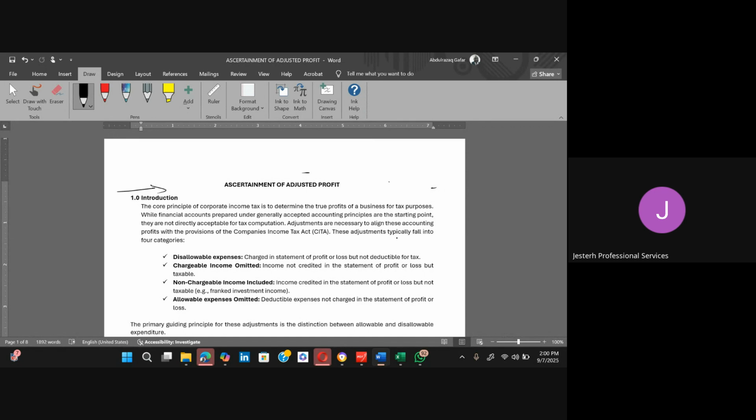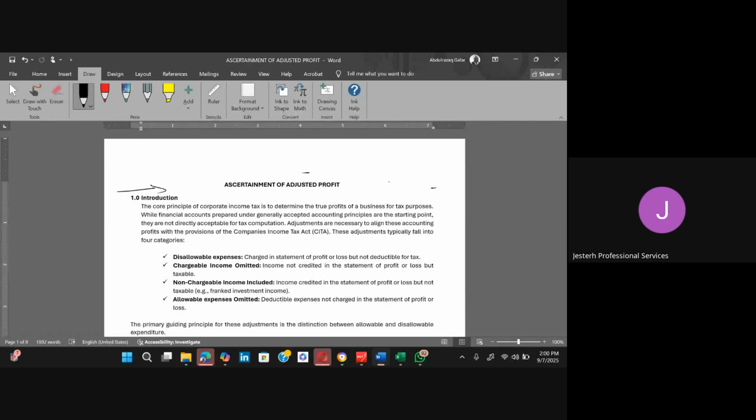Profit is prepared and adjusted to that accounting profit to arrive at the taxable profits using the relevant rules.